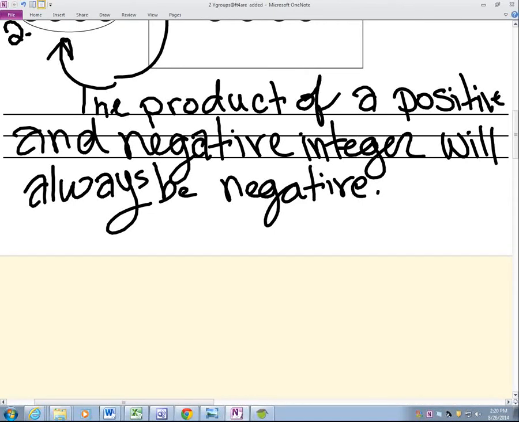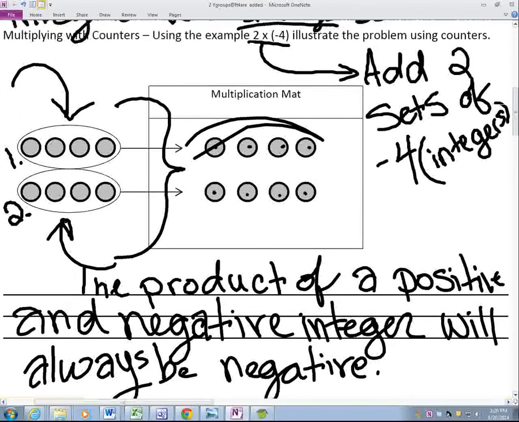Because this guy here demonstrates how that's possible, because you're doing 2 sets of -4 integers. And then in a second here, you'll see what happens when the first integer is negative. All right? Good?